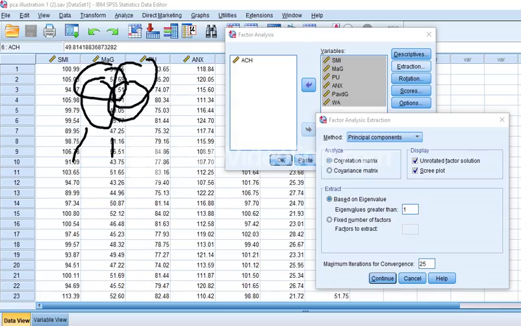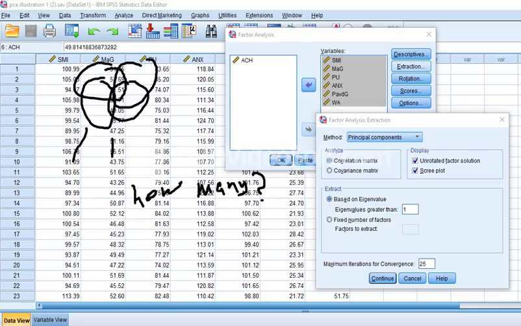There are several decisions that you have to make when carrying out a components analysis. First is the question of how many components we should retain to summarize the pattern of variances and covariances among the measured variables.